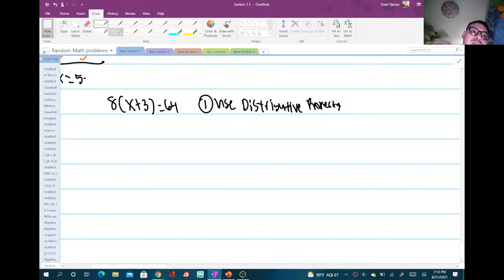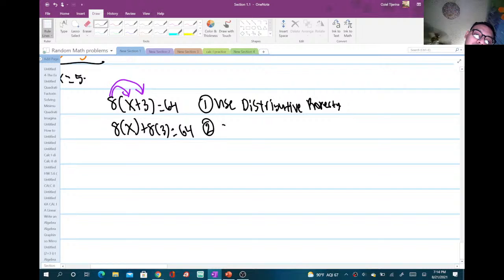So that is going to be literally 8. So you're going to do 8 times x plus 8 times 3 equals 64. Then number 2, simplify 8 times 3. Let me color code this.